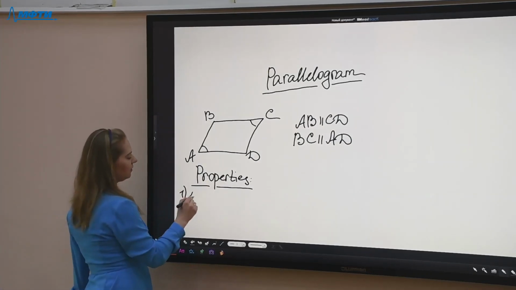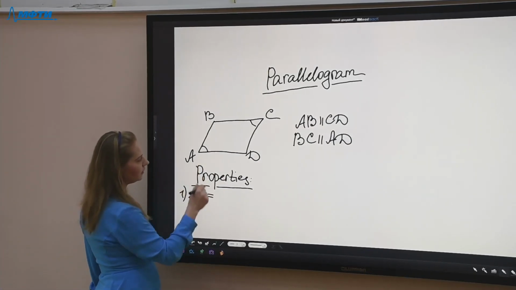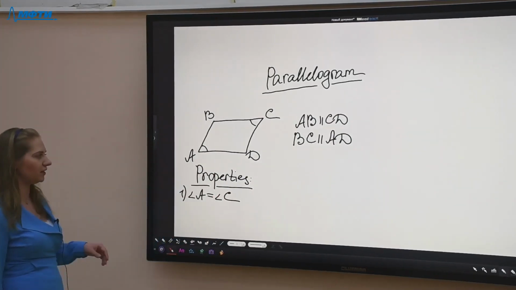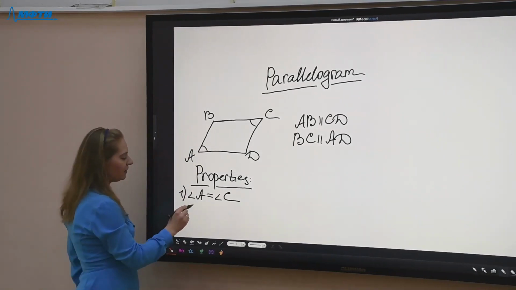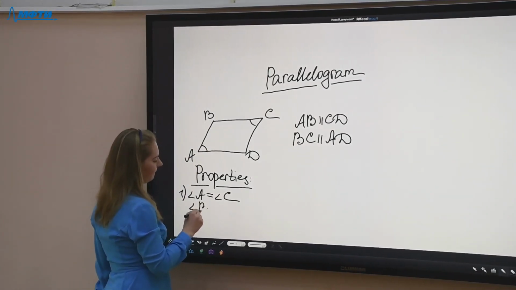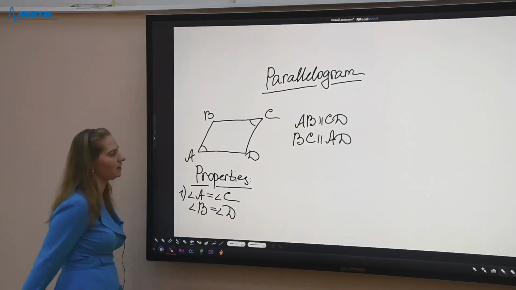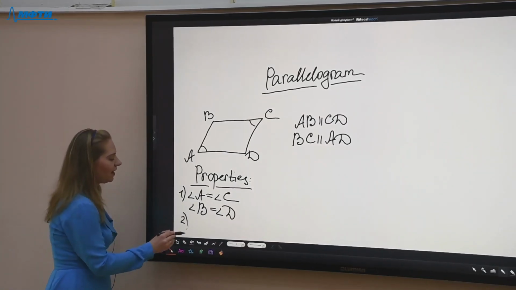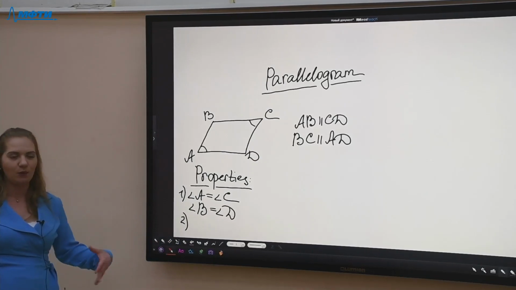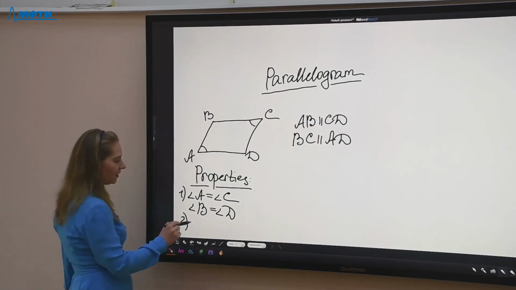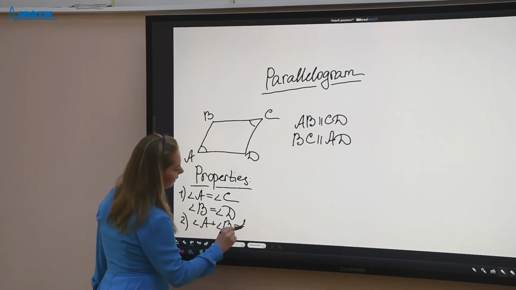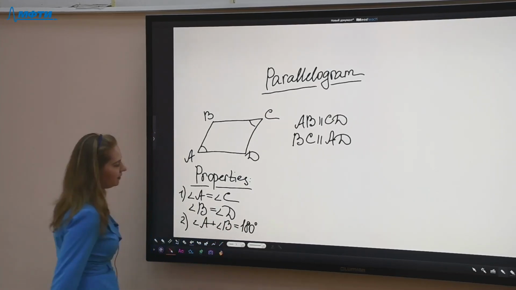So, angle A is congruent to angle C, so these two angles are congruent, and angle B is equal to angle D. And if we take two consecutive angles, they will be supplementary. It means that angle A plus angle B is 180 degrees.